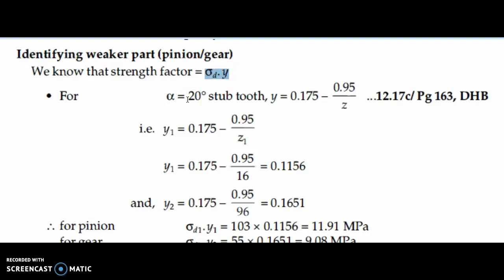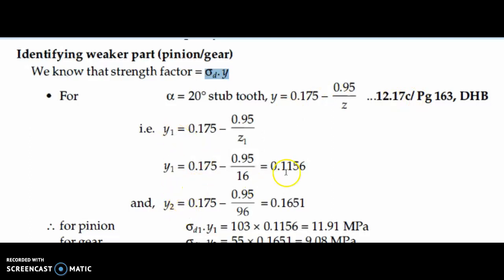The question already gives alpha as 20-degree stub system, so from our data book we can take y is equal to 0.175 minus 0.95 divided by z.